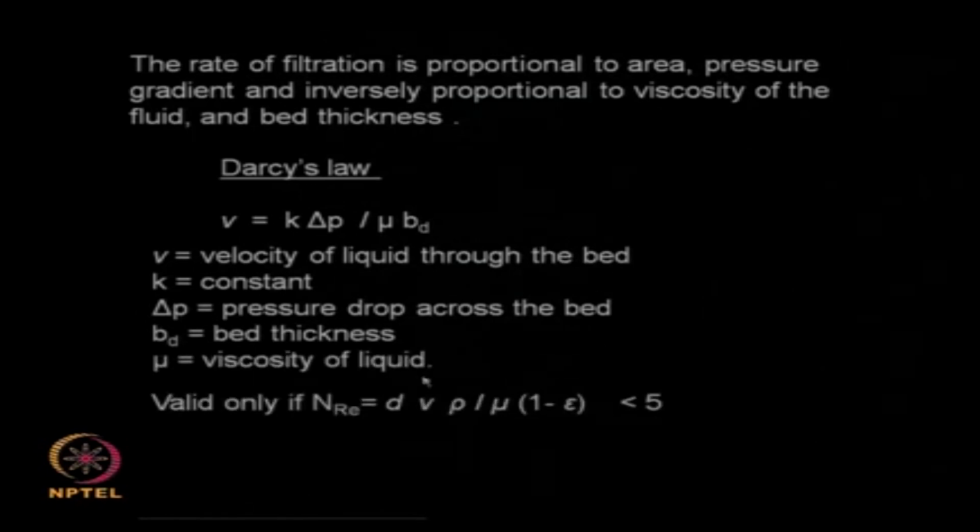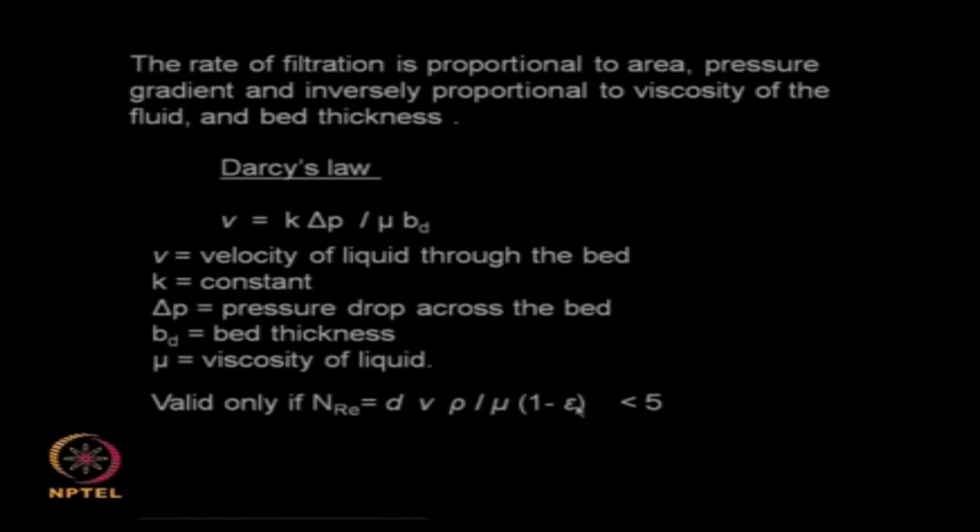The Reynolds number has to be less than 5, and the Reynolds number, as you know, is defined in this particular fashion. That is the diameter of the particle d, the velocity of the fluid flowing, rho is the density of the fluid, mu is the viscosity of the fluid, and in addition we also have a term called 1 minus epsilon.